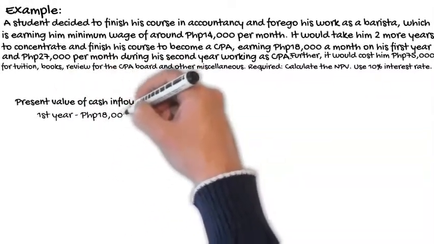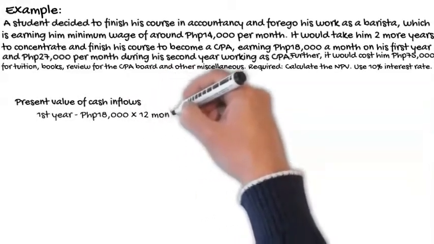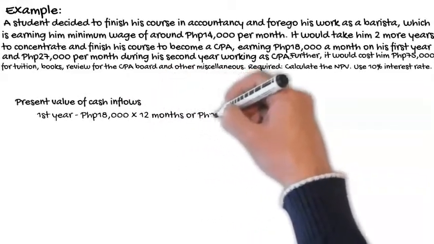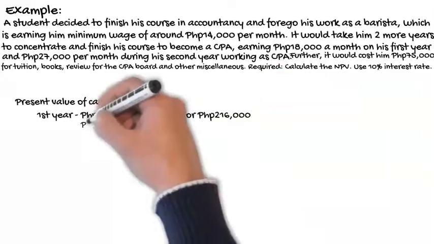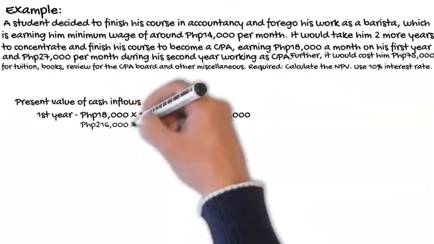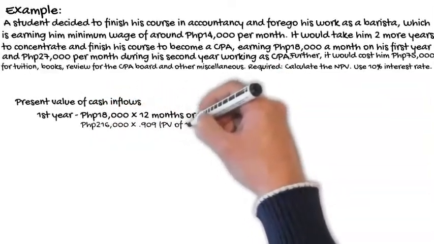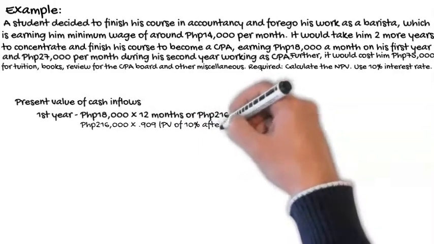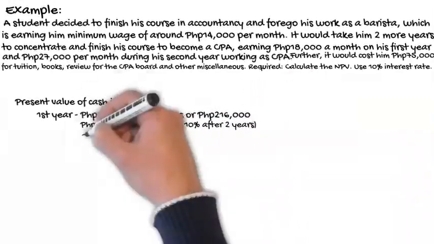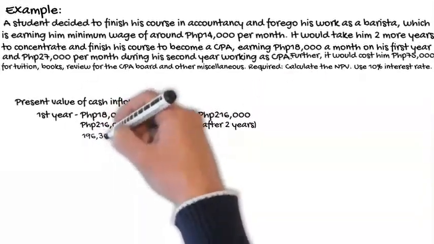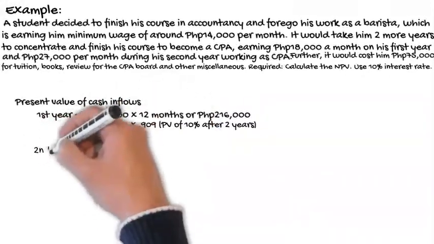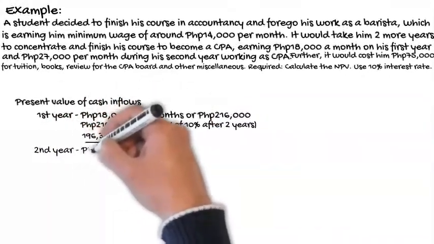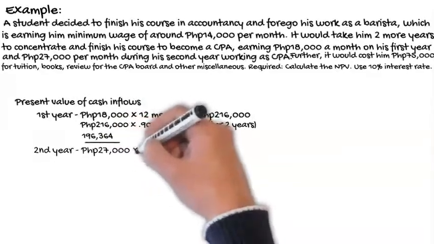interest. So first, we're going to compute for the cash inflows after he becomes a CPA. That would be on the first year, 18,000 per month times 12, or a total of 216,000 per year times 0.909 using a 10% discount after 2 years. So that would be a total of 196,364.